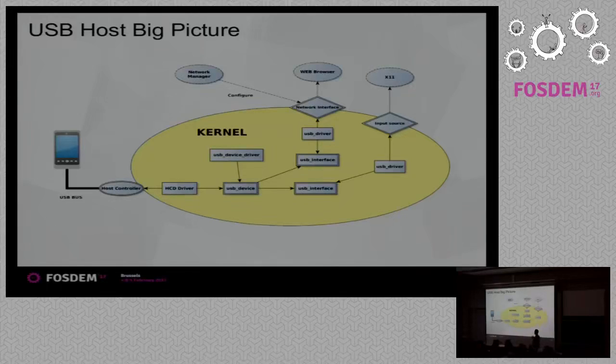And then we will have USB interfaces and drivers for interfaces, because USB drivers are probed for USB interfaces, not for the whole device. Each driver usually provides something to user space, let's say a network card, or an input source if it's a human interface device, and simply our user space is using them. That's all. Everything happens automatically.